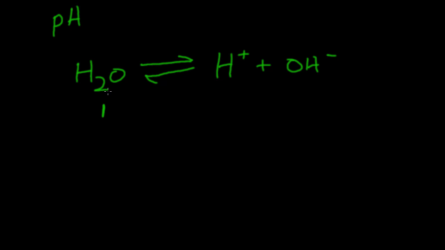And what it means is that every once in a while, any water molecule in a glass of water is prone to, not very often, as it turns out, because the equilibrium point is way to the left, but it still happens. It will split into an H plus and an OH minus.